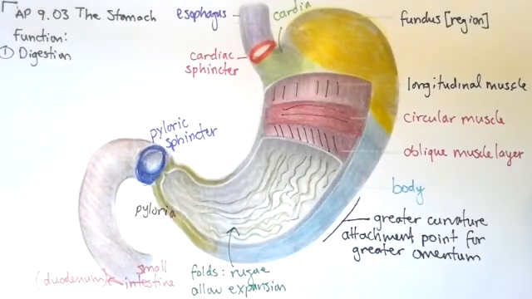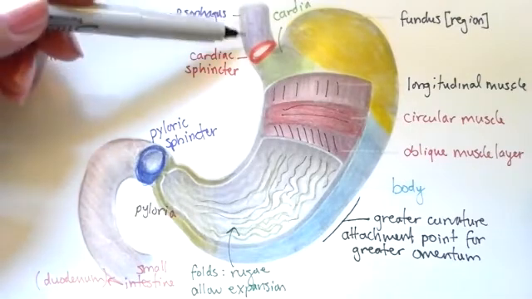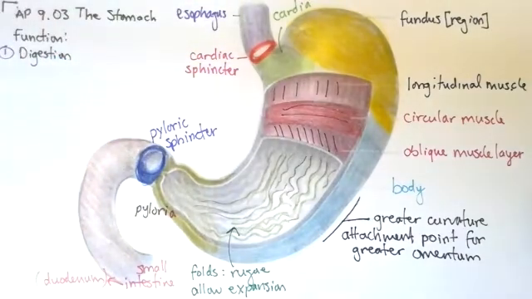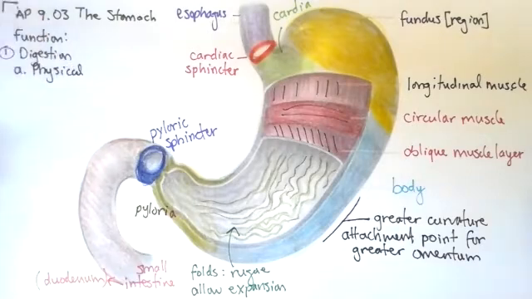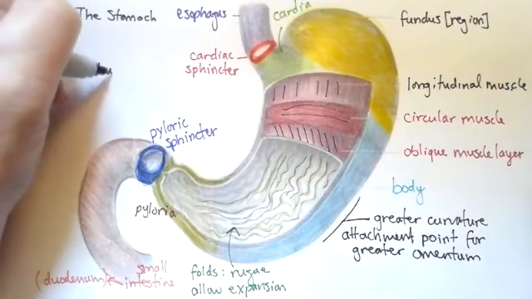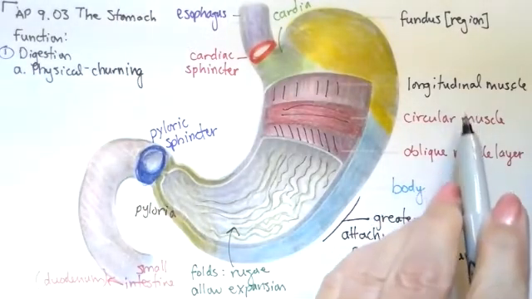We're going to see that in the alimentary canal, the esophagus is mostly a passageway, we're just passing things along, but everything else in the alimentary canal is either helping us digest, absorb, or eliminate. And the stomach is all about digestion. So there's 2 kinds of digestion. There's physical, which would be churning. And that's going to be accomplished by these muscles over here.